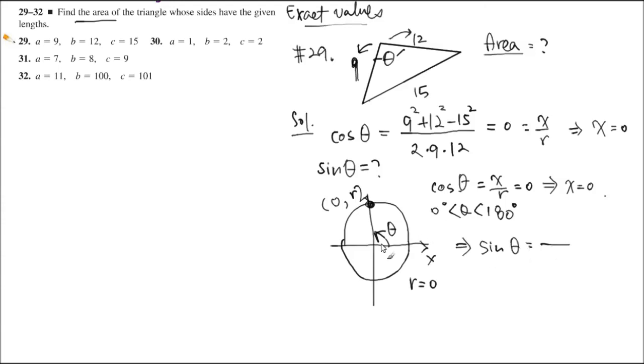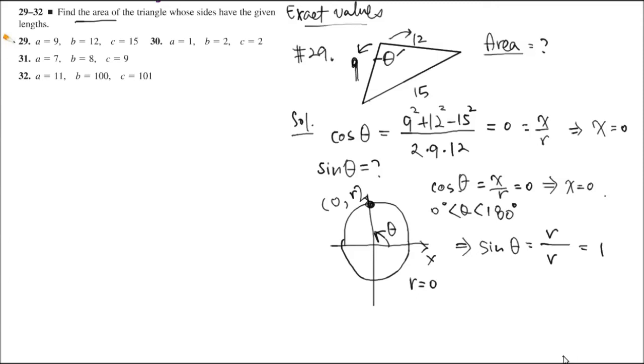The y coordinate of this angle, what is it? R, the radius, right? Radius never changes, so it is 1. You can verify sine 90 degrees: if you hit the calculator, it'll say 1. So we got sine theta.